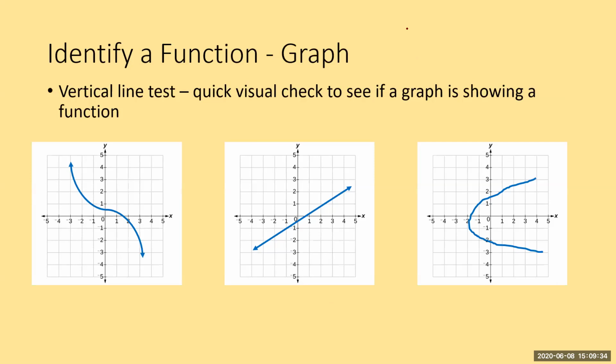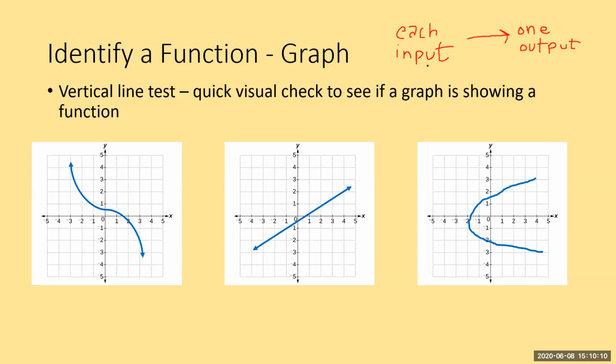The definition of a function tells us that each input has to have exactly one output. So each input must have exactly one output. Now, if we think about input and output in terms of a graph, right?